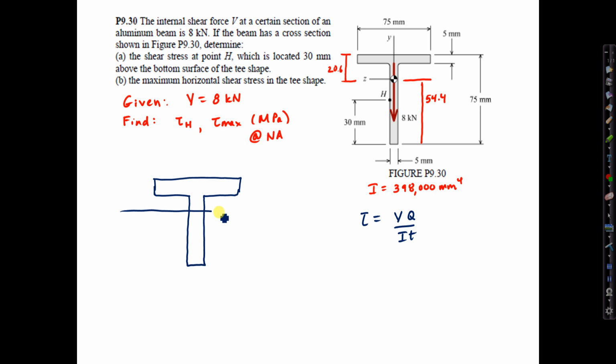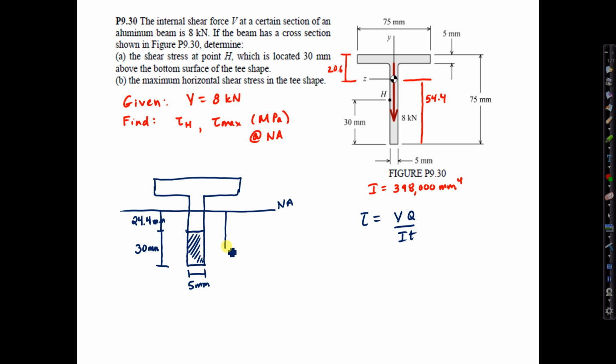First thing, locate the overall centroidal axis. We have point H here, which is down. We remember that point H is 30 millimeters. So since the overall centroid is 54.4, this distance from the neutral axis down to the area where we want to calculate is 24.4 millimeters. The width here is 5 millimeters.